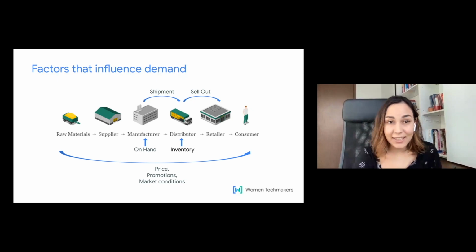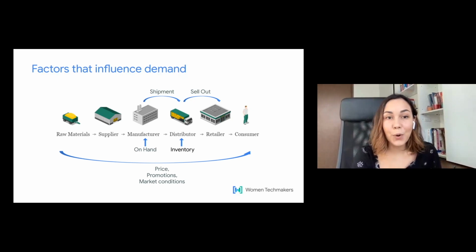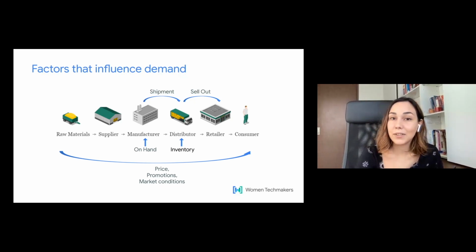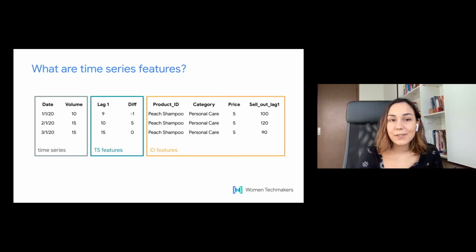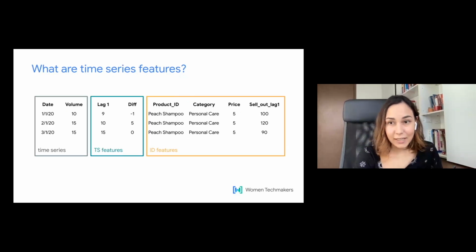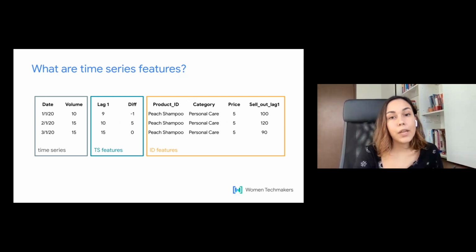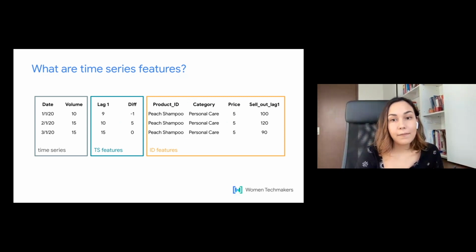So our task is to identify how to encode all of these moving parts into a data structure that is understandable by our machine learning model. So how do we do it? Let's take a look at how time series data is encoded. For each row, we have a unique ID and date combination.